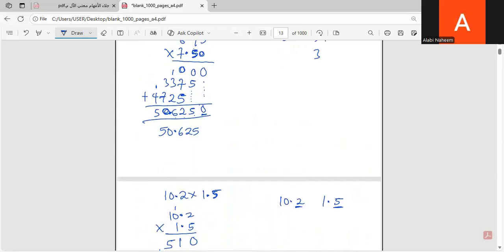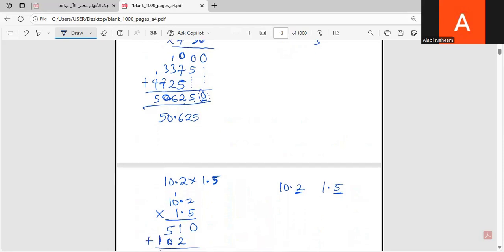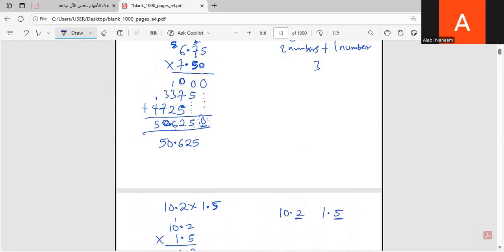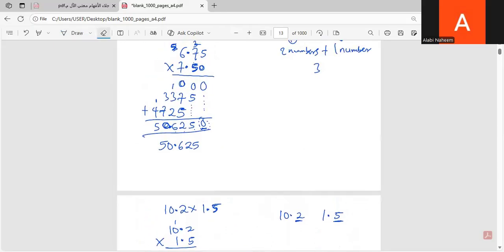Now, someone might say that in the first example, we didn't take the 0 into consideration while placing our decimal point, while in the last example we did. The reason is that in the first example, initially there was no number there, it was empty.